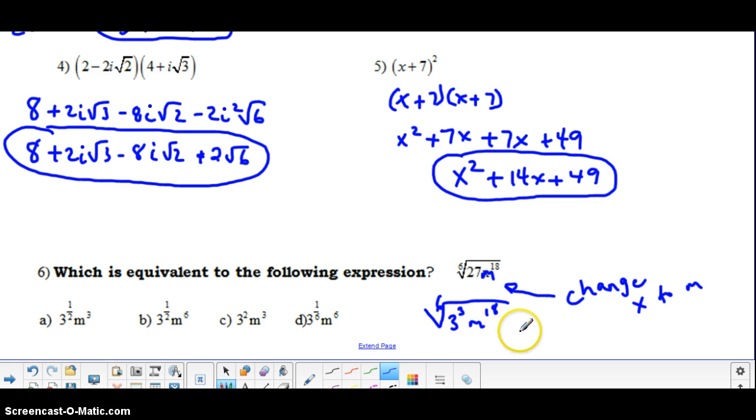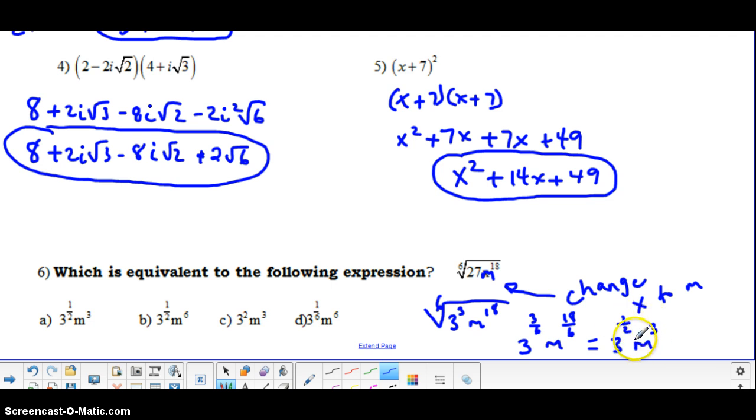So here we have 3 to the 3/6 power, and here we have m to the 18 over 6. And then we try to simplify. 3/6 simplifies to 1/2, and 18 divided by 6 is 3. So that is equal to 3 to the 1/2, and m cubed.